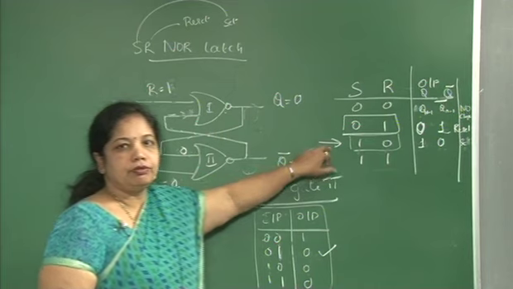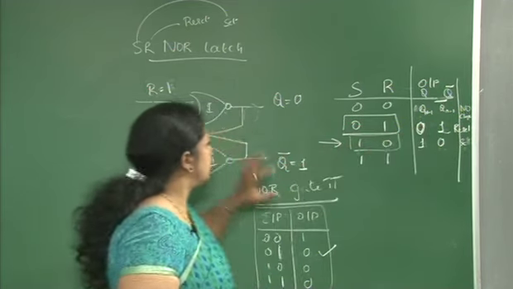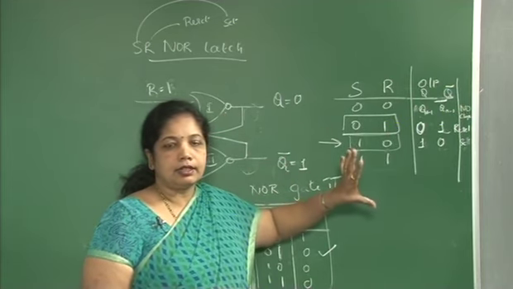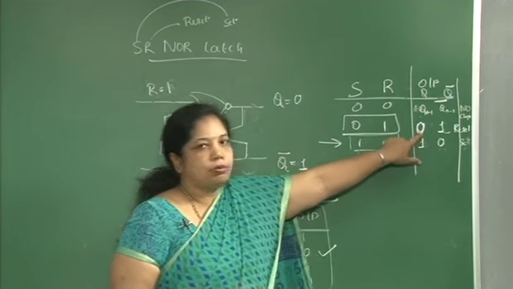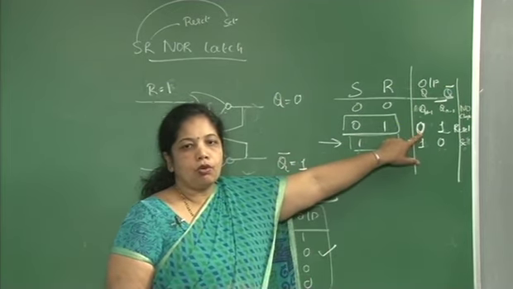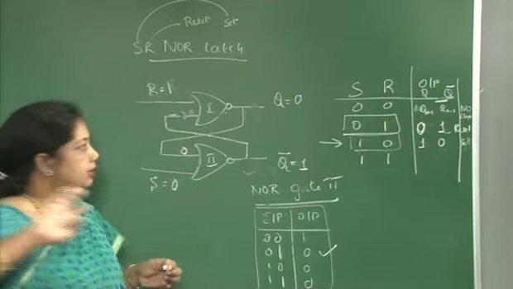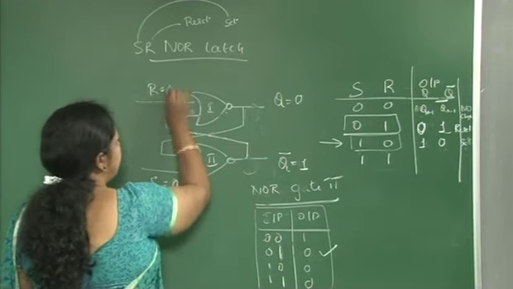So we have the set condition, the reset condition, and the no change condition. We can say the latch is in the reset state, meaning my Q output is 0. Let us check once again. If I apply 0 0 back, what is going to happen?